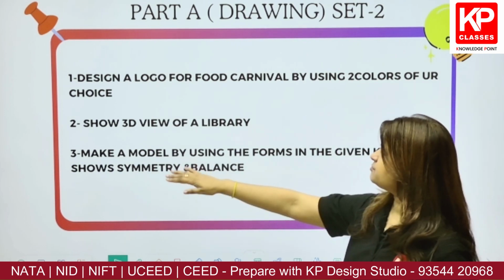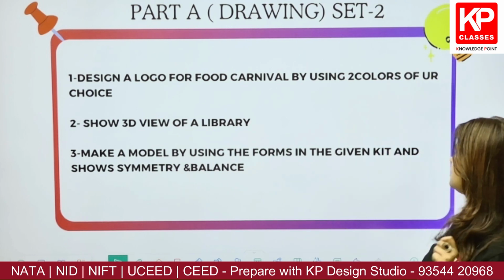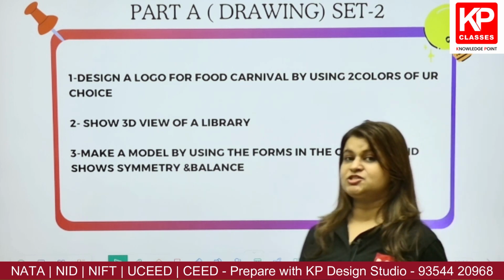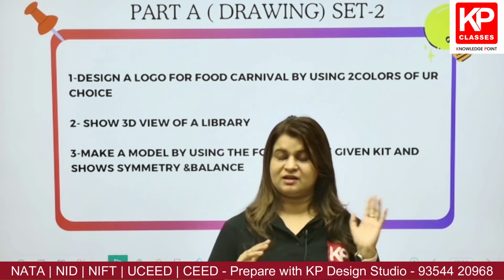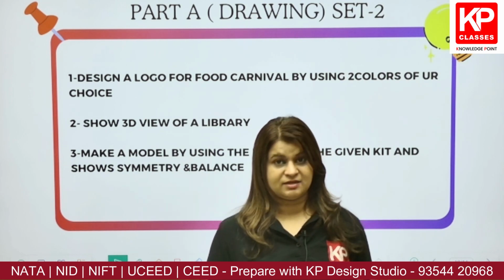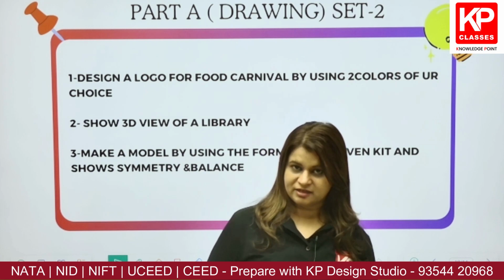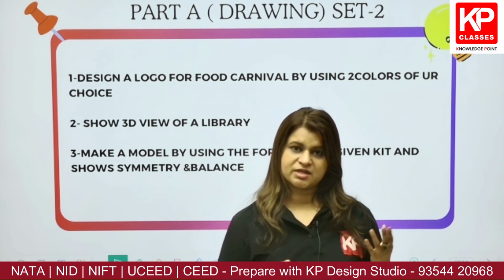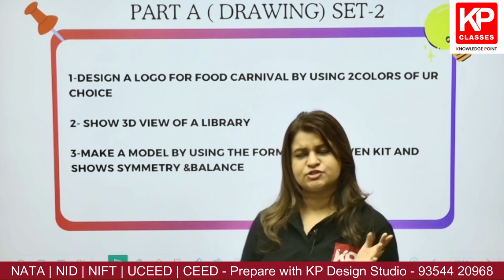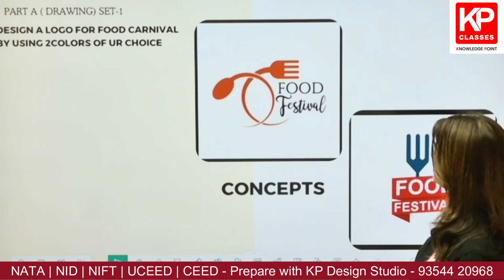And the last one is: make a model by using the forms in the given kit and show symmetry and balance. Very easy. Symmetry means the right and the left are identical, or the top and the bottom are identical. And of course, if something has symmetry, like a mirror image, then definitely it shows balance. So pretty simple over here.